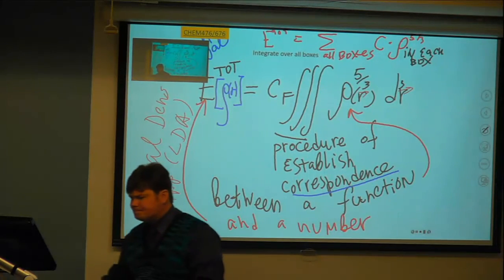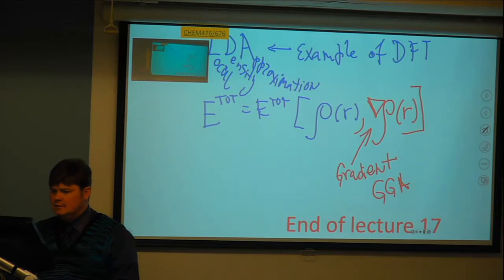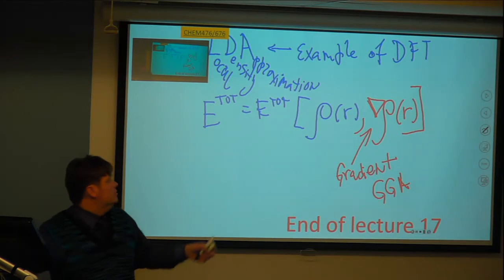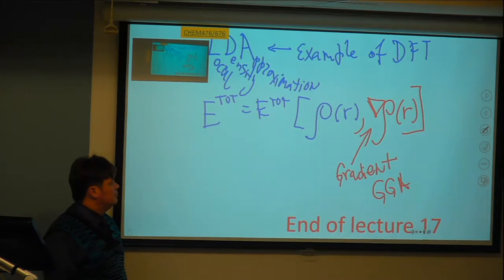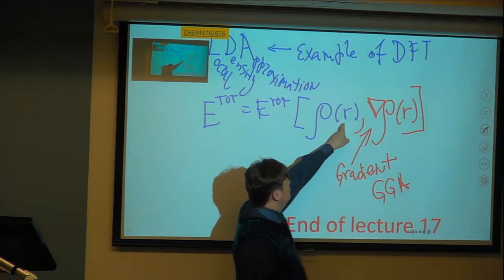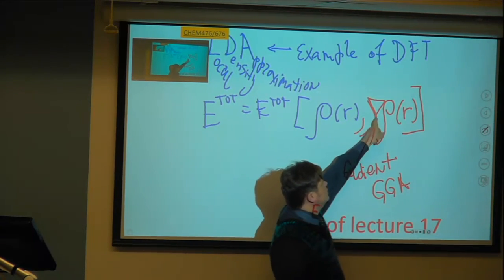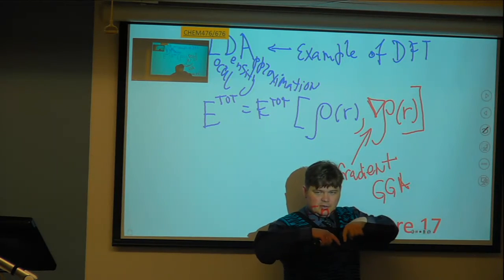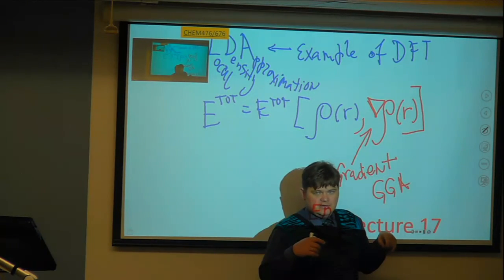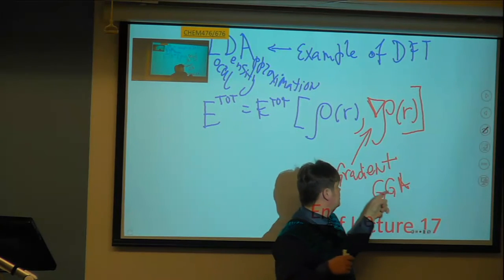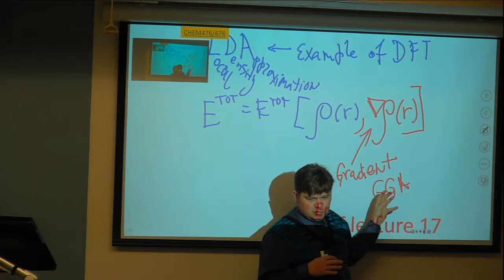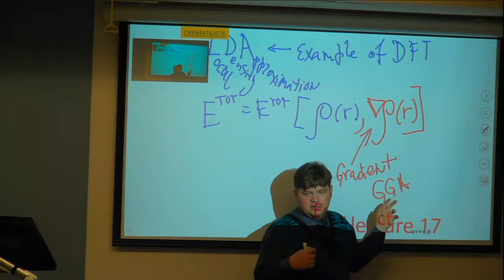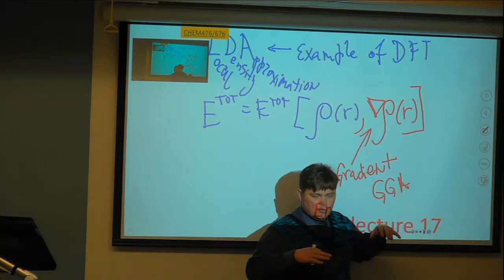And more advanced expressions, beyond local density approximation, include not only density at a fixed point, but gradient, so derivative, comparison of nearest neighbors. And then they are generalized gradient approximation, GGA. But the main concept is already in LDA. The rest is just competition for precision.